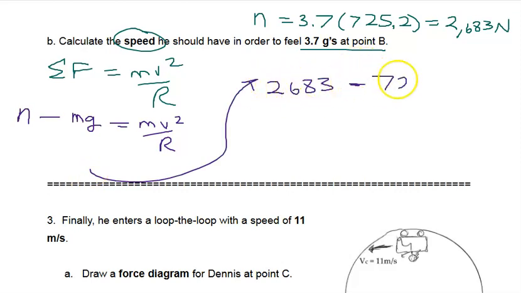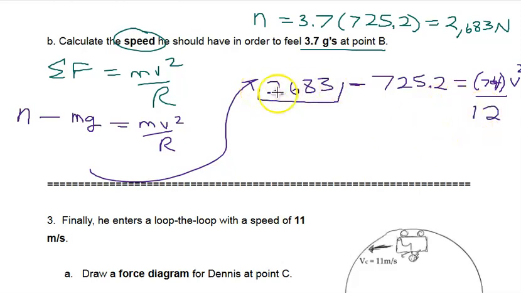We know his weight is 725.2, and that's going to equal 74 times what we don't know, v squared, over the radius, which is 12. This is the normal force being 3.7 Gs. This is the weight, and that's his mv squared over a different r. He's at a different part of the ride.